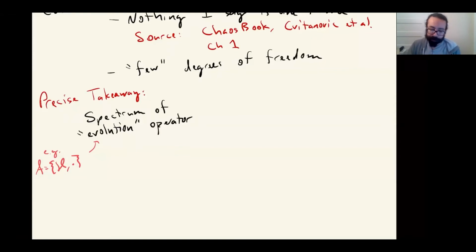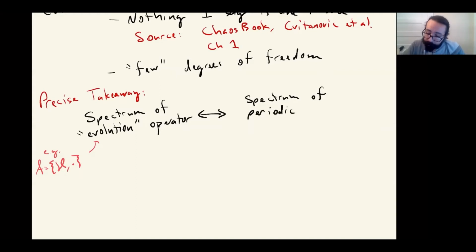That would be encapsulated by the spectrum of this evolution operator. And so the precise takeaway is that the spectrum is precisely related to, so I'm going to say spectrum again, but maybe more broadly just features or properties of periodic orbits.